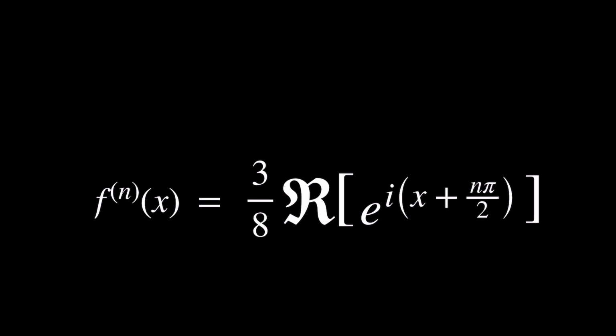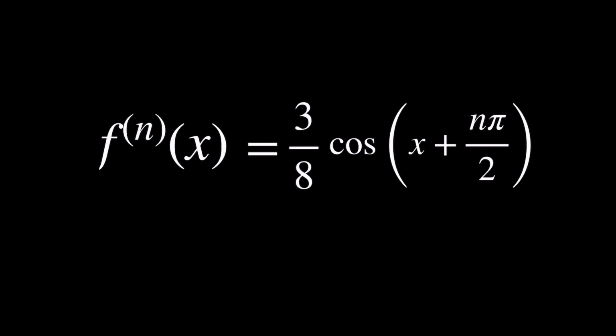Now the real part of that complex number is simply the cosine with the same argument. So the nth derivative of f at x is equal to 3/8 of cosine of x plus n pi over 2.